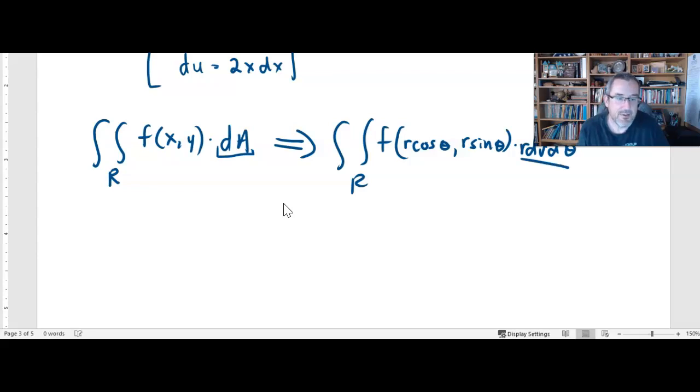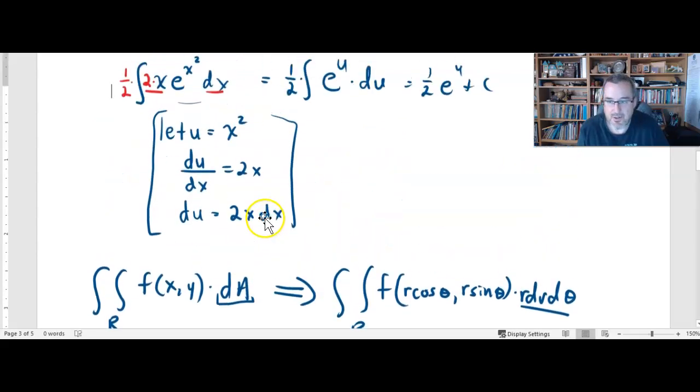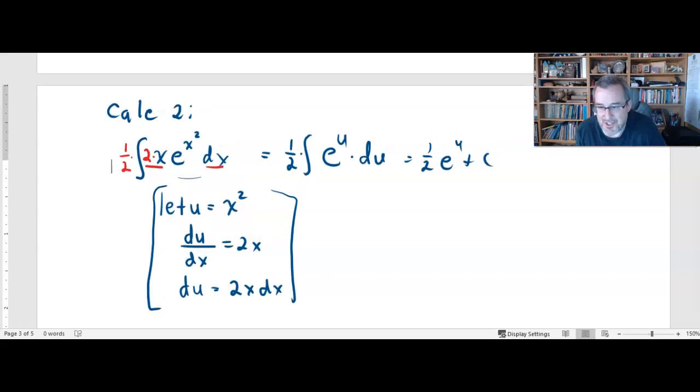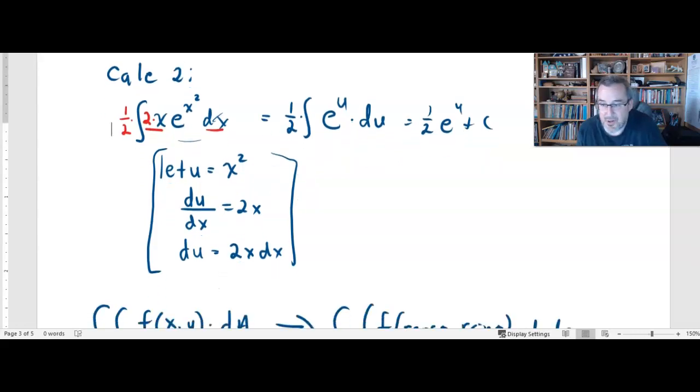All right, but let's talk about where that comes from. Up here, we can't just erase dx and make it du. We had to figure it out. In this case, as we were converting to a different coordinate system, from x to u, we started with this conversion, u equals x squared, and we found the one and only derivative du dx that would be defined.